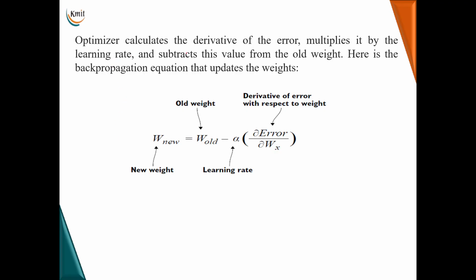Generally, an optimizer will calculate the derivative of the error function and multiply it by a learning rate, and then subtract this from the old weight. Here, this is the equation for the backpropagation algorithm, where new weight is old weight minus alpha times the derivative of error with respect to that weight. Same is the case in the cost function we have used here for L1 and L2 regularization.